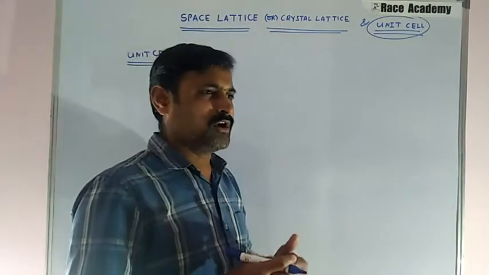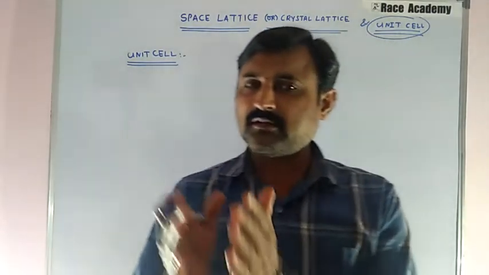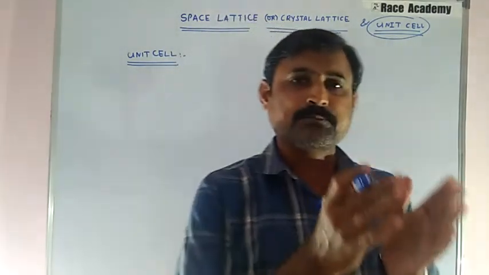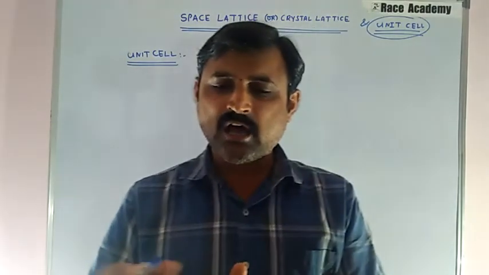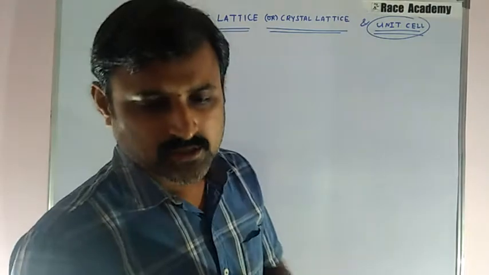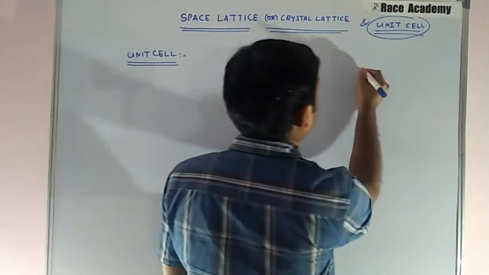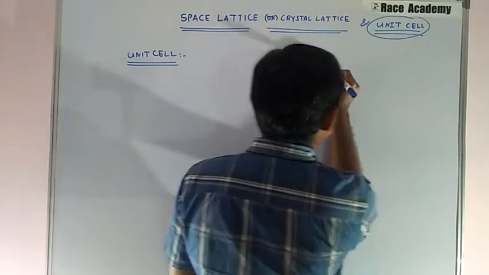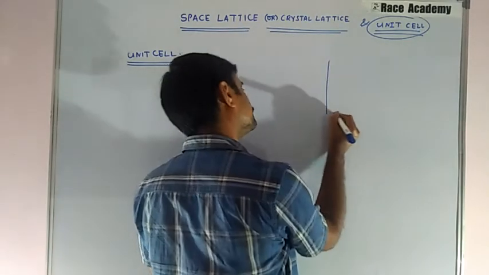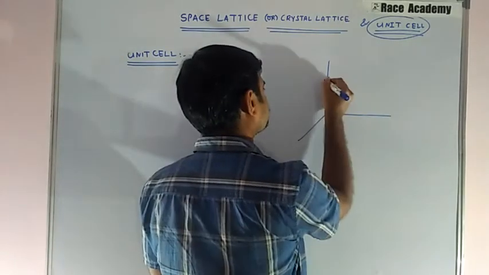And we have told that there are many geometries, square, rectangular, as well as parallelogram. These are lattices, and among these unit cells, the square is normally chosen. So we can understand it in this way.